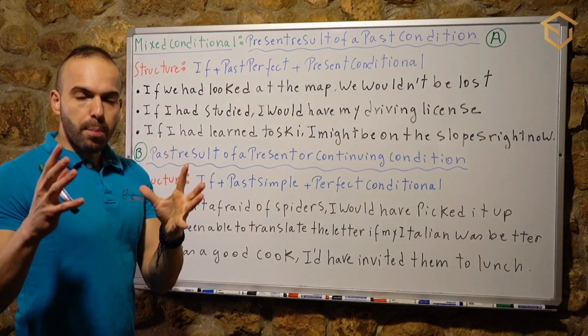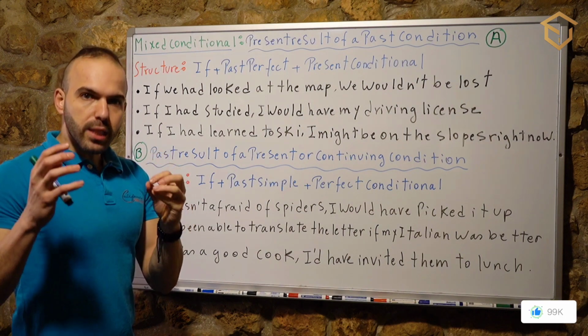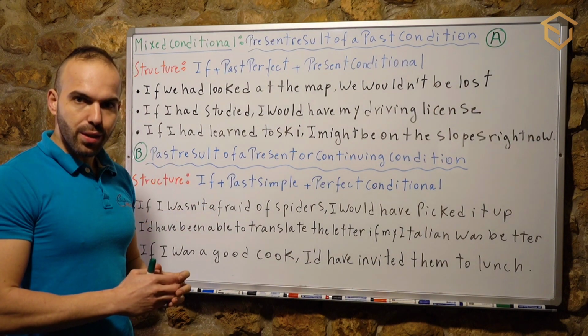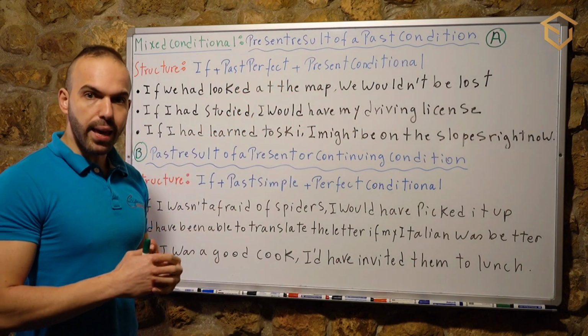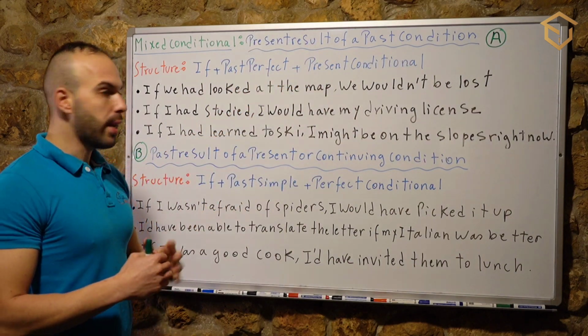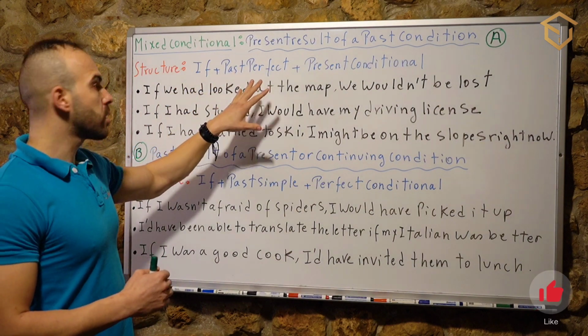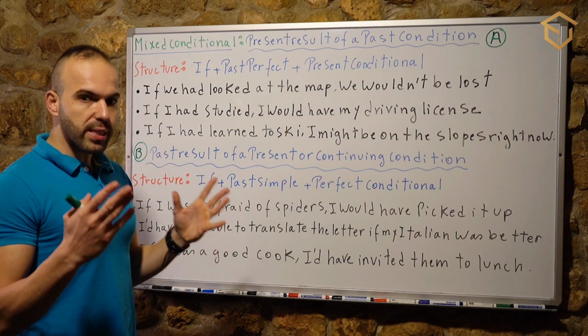This type of mixed conditional refers to an unreal past condition and its probable result in the present. How do we use it? Let's see the structure. We have if plus the past perfect plus the present conditional.